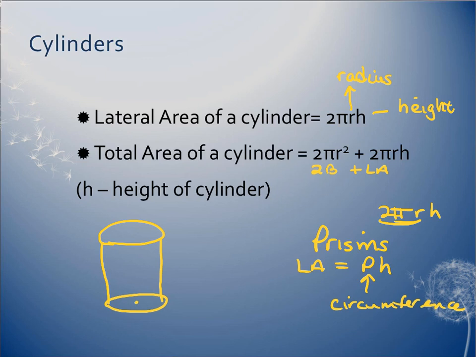And again, you would be given a radius, and then this would actually be the height. So for our formula, 2 times the base area, which is a circle, so pi r squared, times that lateral area, which is 2 pi r height.